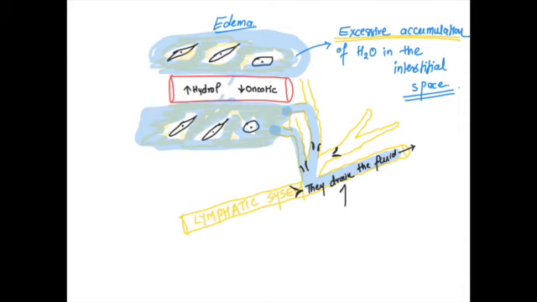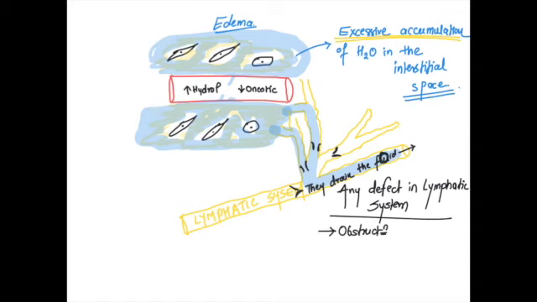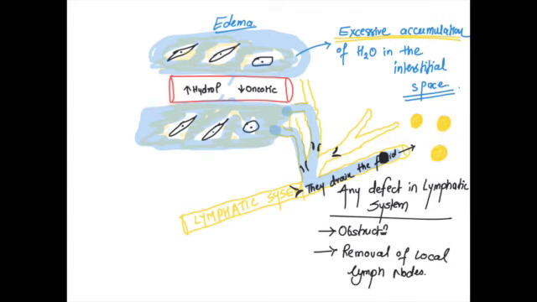Any abnormalities in the draining of the lymphatic system can also cause an increase in the hydrostatic pressure and cause edema. This can be due to obstruction or by removal of any local lymph nodes, as seen in the illustration.